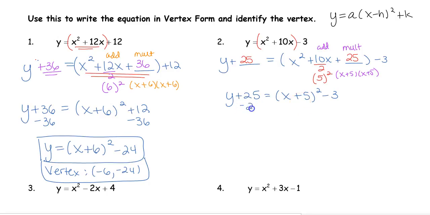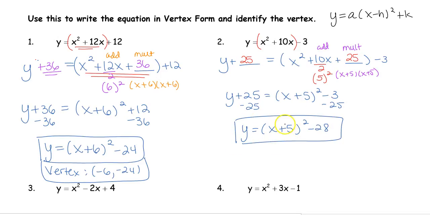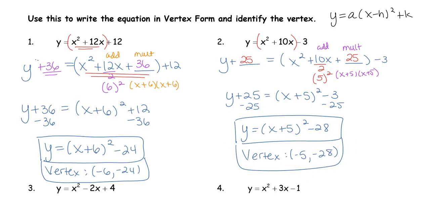The last step is to move that 25 over, and we get y equals x plus 5 quantity squared minus 28. And now that we have our equation in vertex form, we can see our vertex: the opposite of what we see inside, which is a negative 5, and exactly what we see on the outside, so it's a negative 5, negative 28.